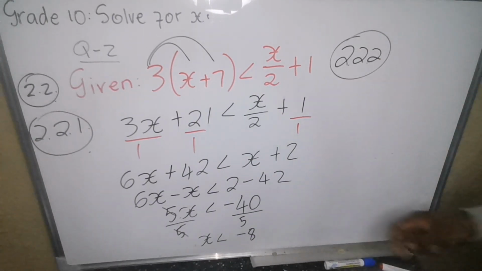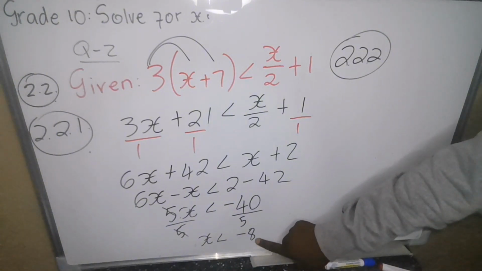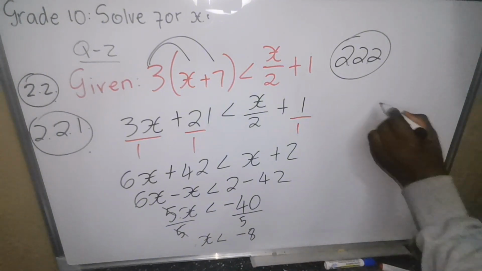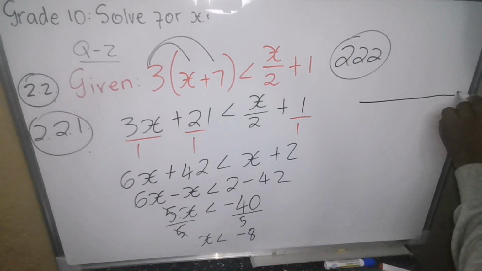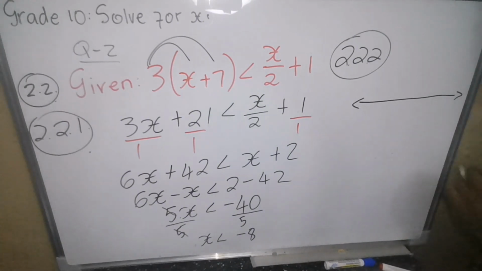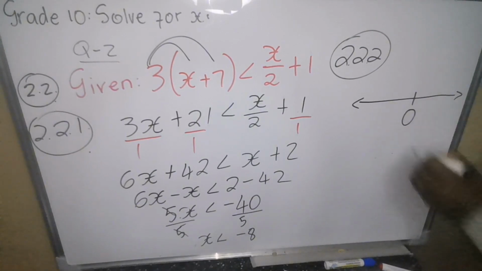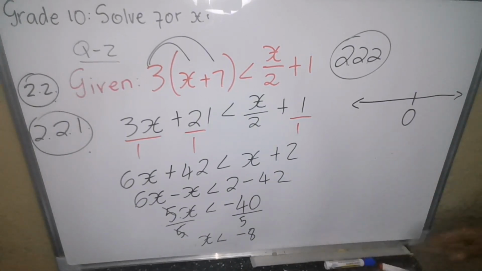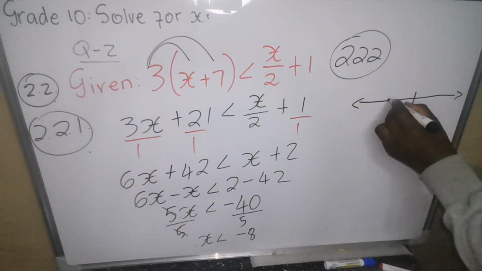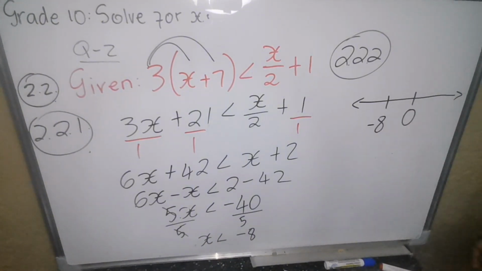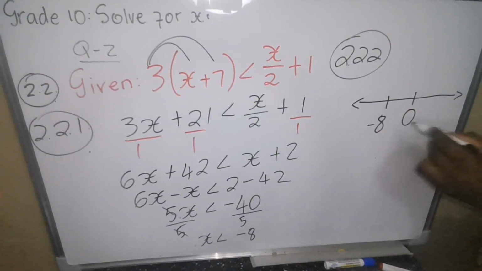Then you must represent your answer on a number line. And you draw your number line here. A number line always must have 0. And the negative 8 is on my left. It's a real number line.